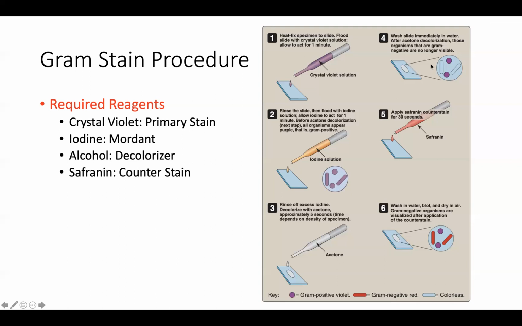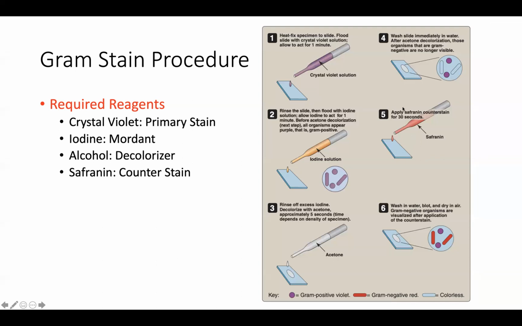The alcohol being added, in a gram negative organism, will rinse off these cells and they will appear clear. And when we add our safranin, which is a counterstain, these cells will take up this safranin and appear a red pinkish color under the microscope if it's gram negative.